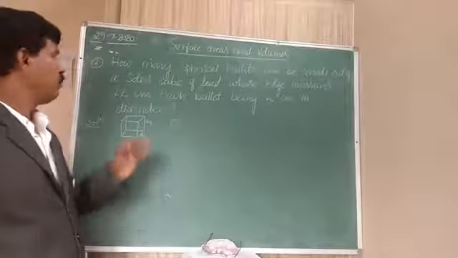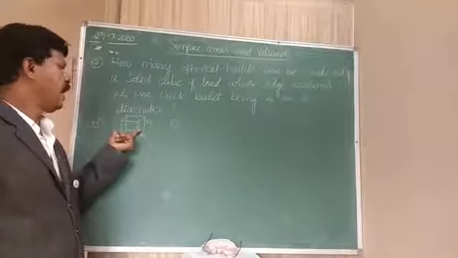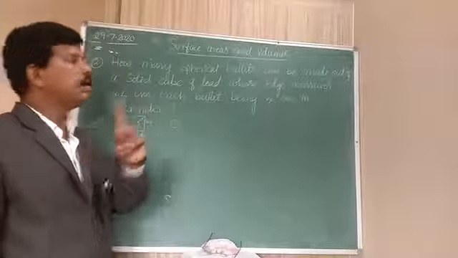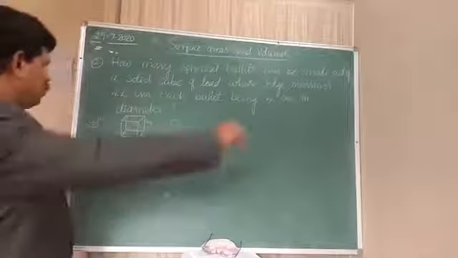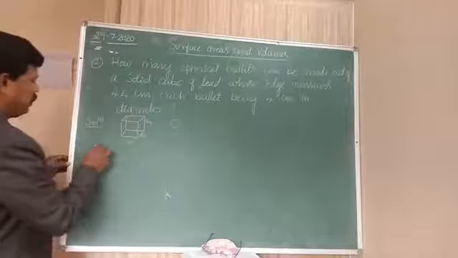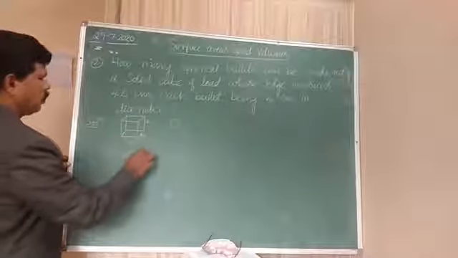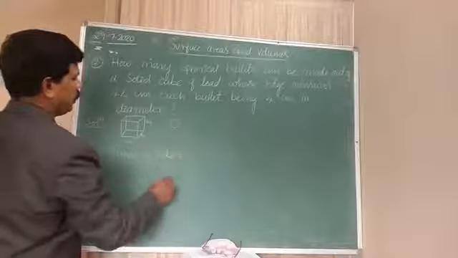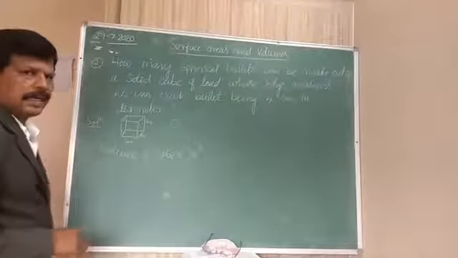Clear? So first find out the volume of this cube and divide this volume by the volume of one spherical bullet. So first thing: volume of cube is equal to, you know that formula, a cube.